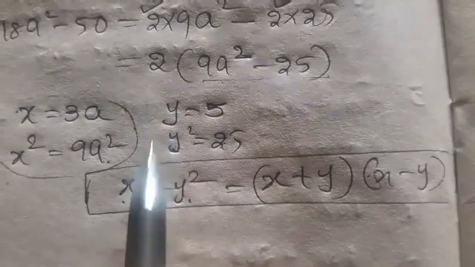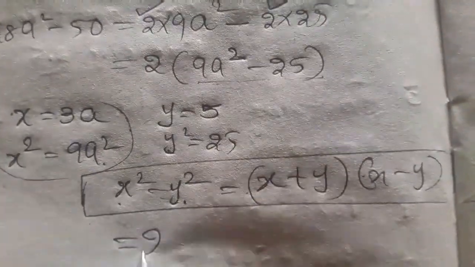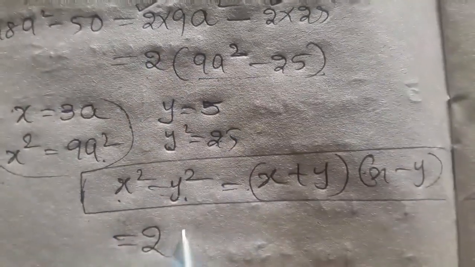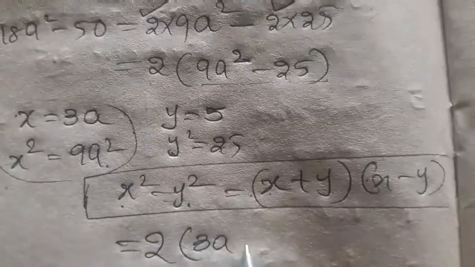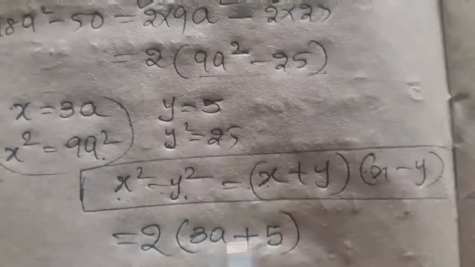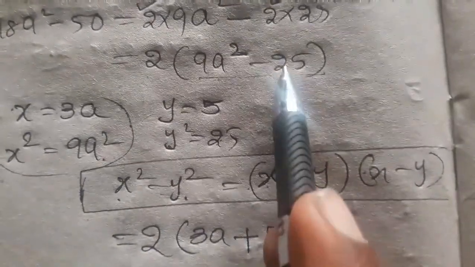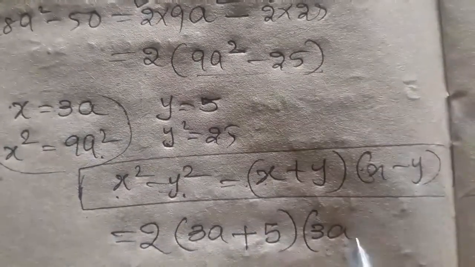So now this can be written as 2 into x means what? 3a plus y means what? 5. Next into x means what? 3a, which symbol is there?